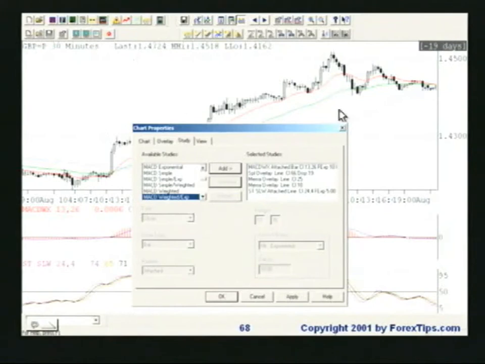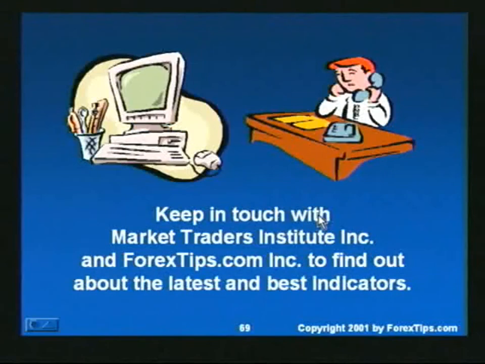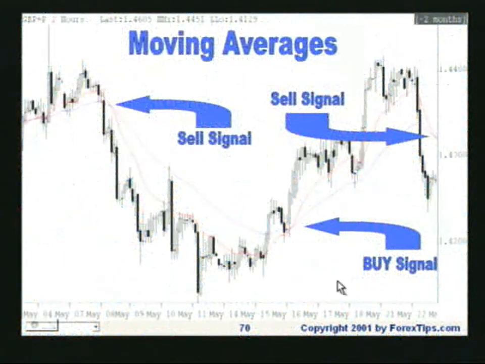Whenever you click on your studies in your charting package, you will usually come up with available studies. All these are different indicators. By clicking on them, you can move them over into your selected studies, which then place the indicator on your screen.